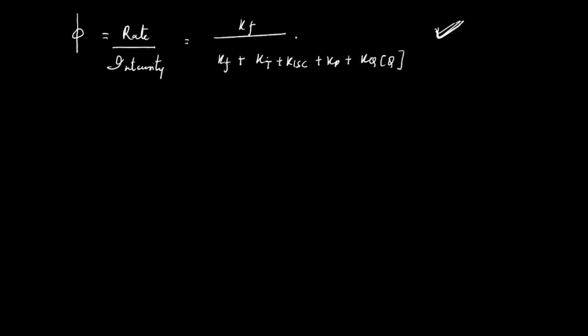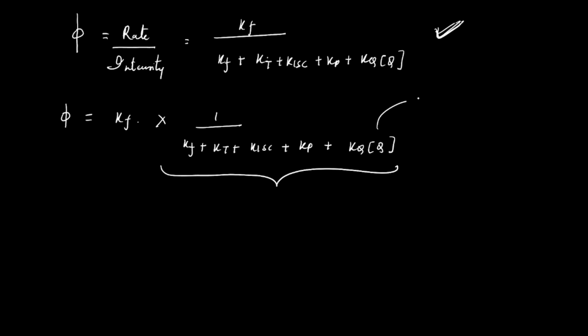If I bifurcate this formula, the quantum efficiency can be written as Kf into 1 by Kf plus Kt plus Kisc plus Kp plus Kq[Q]. And this whole part is actually tau f. What is tau f? The time period, or the average lifetime, of fluorescence.